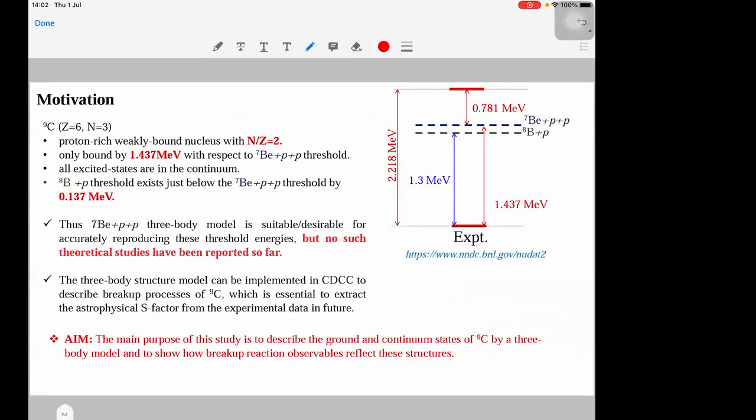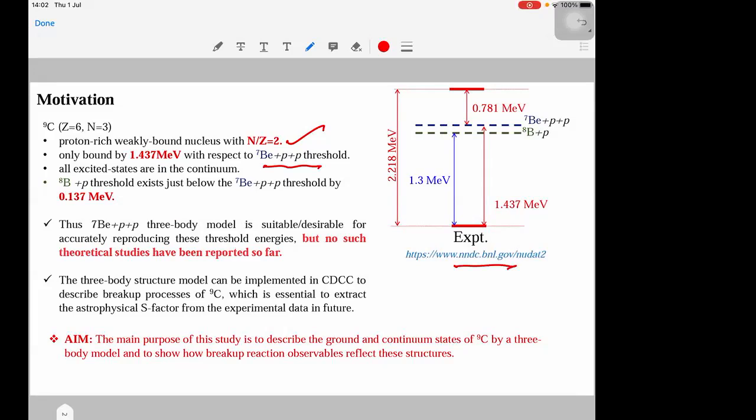Now I will explain the motivation for this study. 9-carbon is a proton-rich weakly bound nucleus with a large N by Z ratio, and it is bound by 1.4 MeV with respect to the 3-body threshold. One can see on the right side the schematic level diagram based on the data adopted from NNDC.